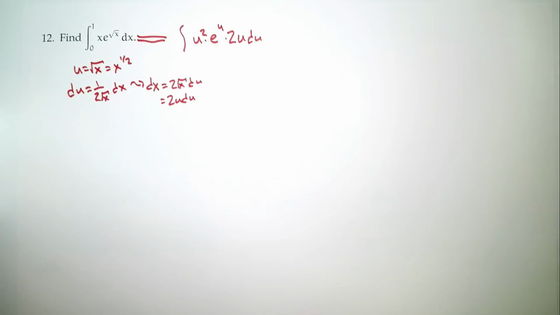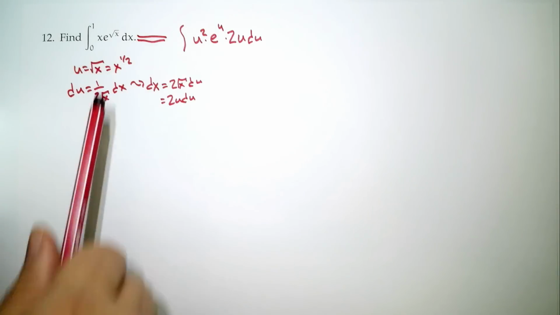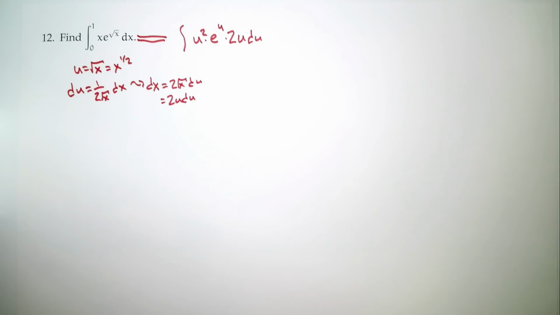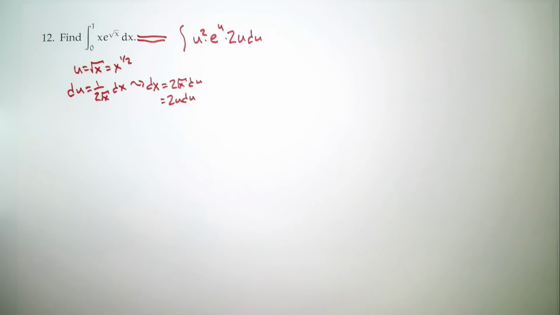But let's be careful with the bounds, because remember, this is a different integral, so you have to update the bounds. Now the original bounds, these bounds over here, these are x bounds. So you went from x equals 0 to x equals 1. But those are the old bounds. Those are not our bounds anymore, because we're switching to u bounds. So we're not going from 0 to 1.